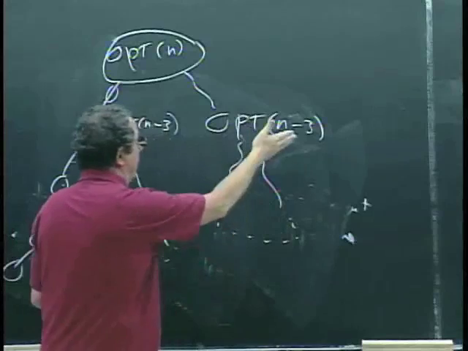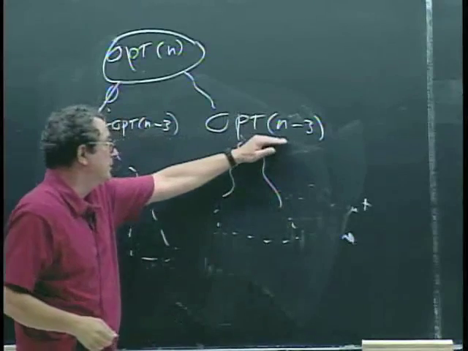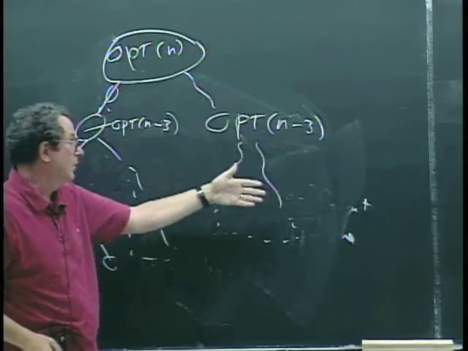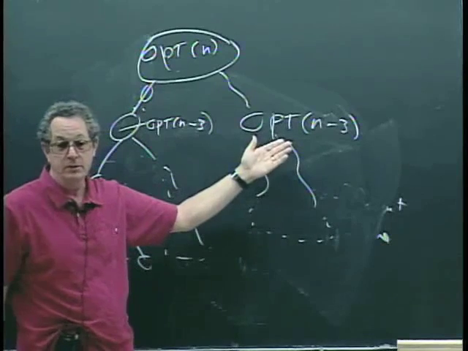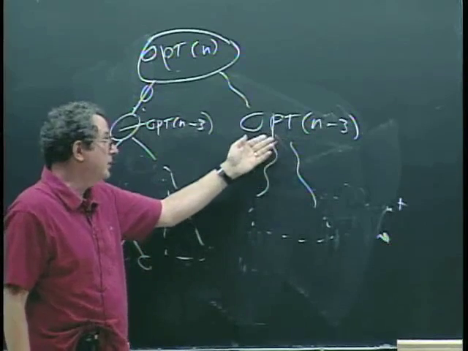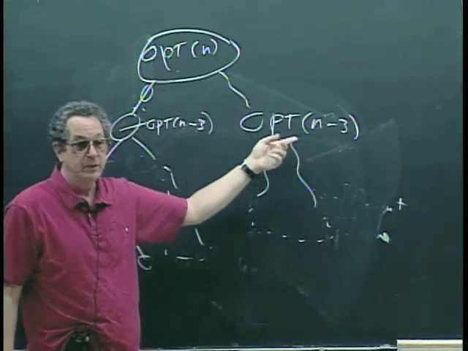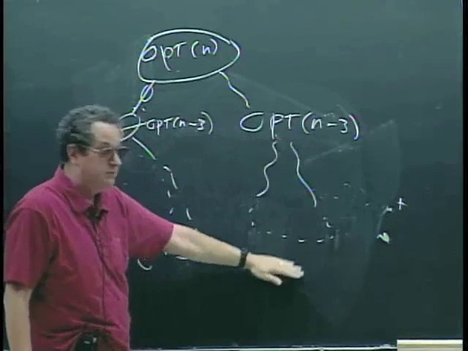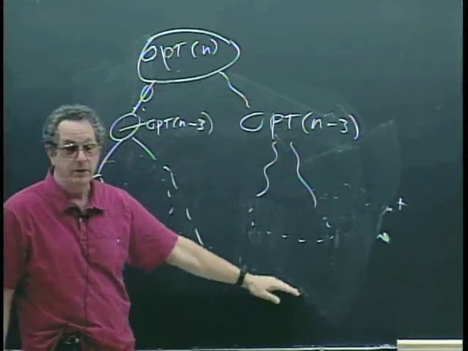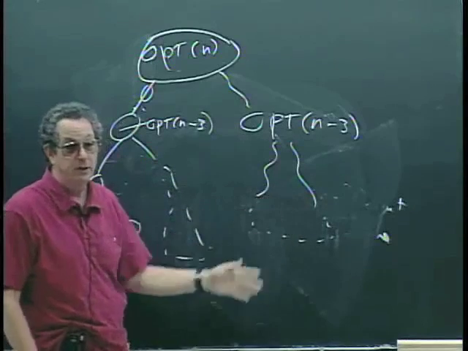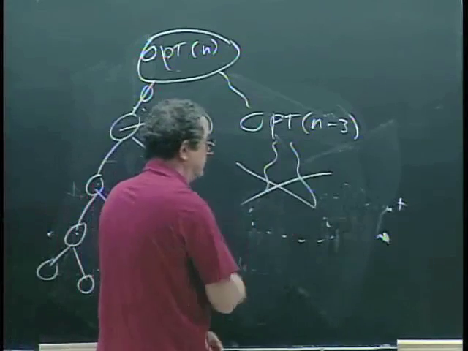So what are you saving here when you look up opt n minus 3, for example, and you find that it's already known? What are you saving in computation? It's not just you're saving one little effort because you already know it. You're saving enormous because this entire subtree of recursive calls and all the work that would be done in there, that's completely gone now. Okay?